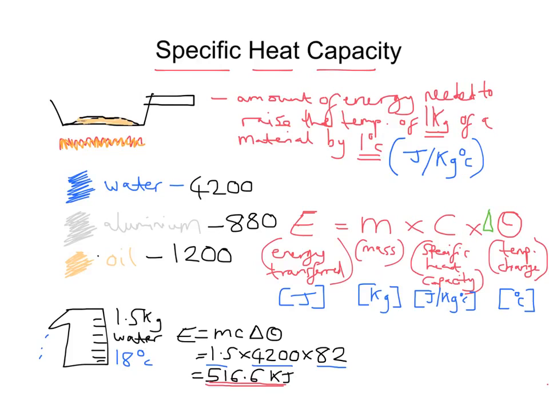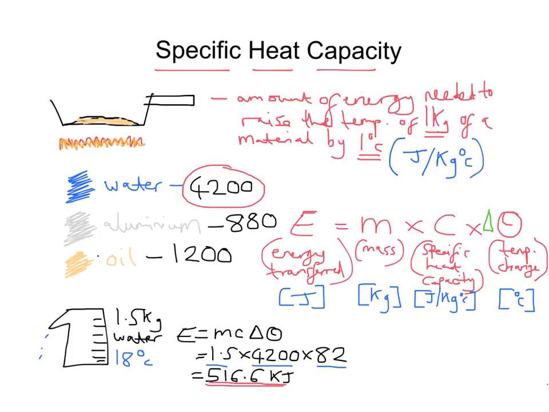Now water, we've said, if we look at the top here, water has a very high value for specific heat capacity. So it can transfer a larger amount of energy than a liquid that has a lower specific heat capacity. We've seen in this calculation, because it relies on mass times specific heat capacity times temperature change, the bigger the value for C, the specific heat capacity, the bigger the energy transferred.